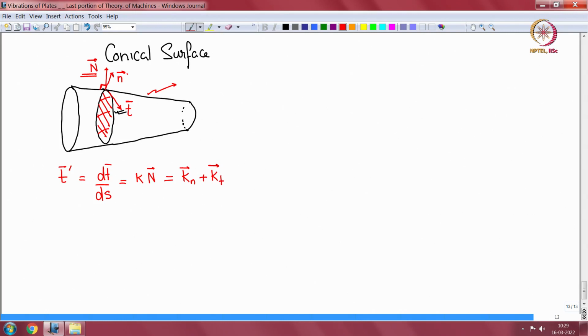This is the tangent to the curve, but this is also a tangent, the tangent to the surface. I have a local normal here and a tangent here. Maybe I'll put a double bar to separate it from this tangent. So this is, let's say, the K curvature vector.